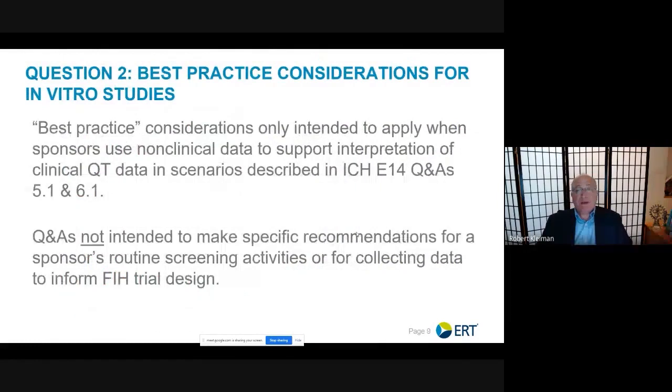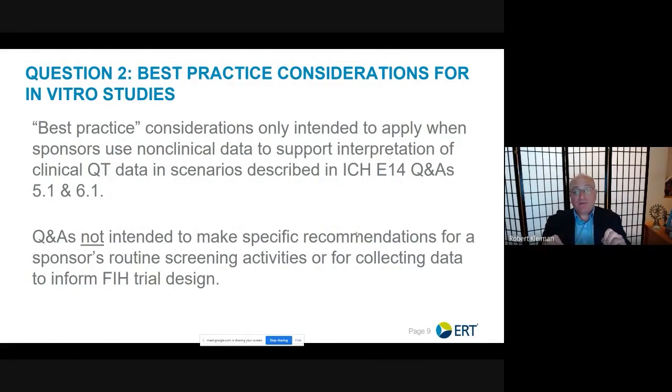Question 2 deals with best practices for in vitro studies, meaning primarily patch clamp studies or cardiomyocyte studies. It starts off with the reminder that the best practice considerations are only intended to apply when you're using the non-clinical data to support an integrated assessment of proarrhythmic risk as described in E14, 5.1 and 6.1.